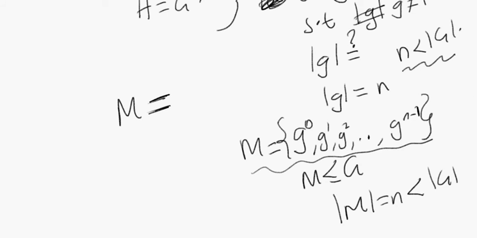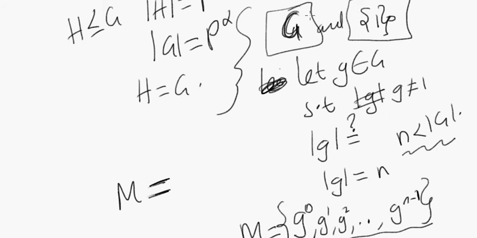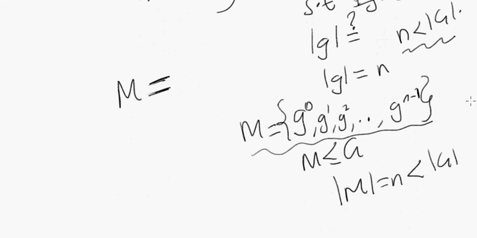If the only possible subgroups of G are the whole of G and the identity, well, we've now found another subgroup, haven't we? We found a subgroup M of G. So the question is, since the only subgroups of G are G and the identity, and M is a subgroup, then aren't we saying that M has to either be the whole thing or the identity? So let's check. Can M be the identity group?